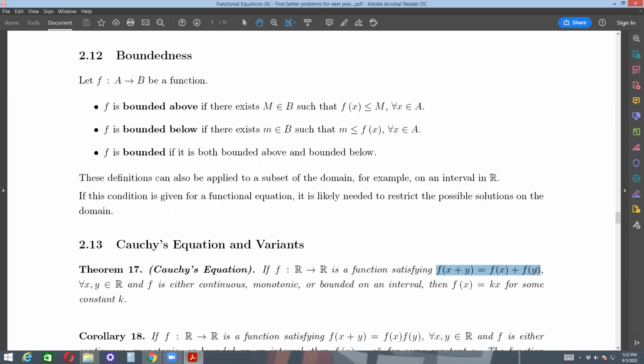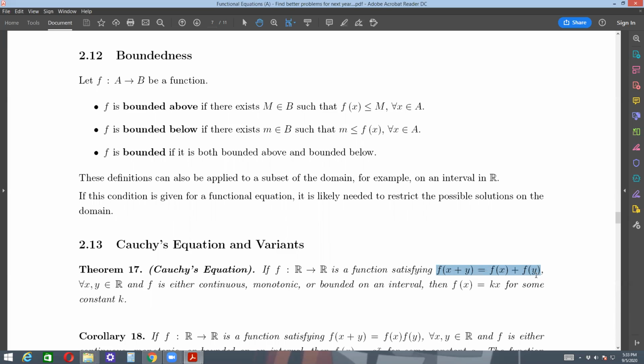In this equation, it is impossible to figure out what f of 1 is, right? Doesn't matter what you try to substitute, you will get that f of 0 is 0, because if you substitute x and y both as 0, it'll give you f of 0 is 0. But it is impossible to find f of 1, and the reason for that is because f of 1 is not fixed. It depends on a constant.